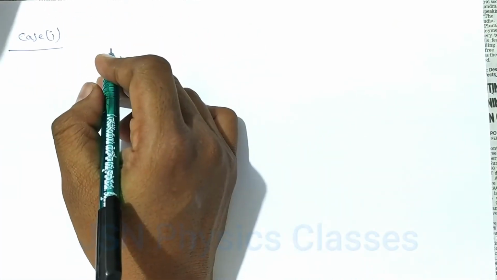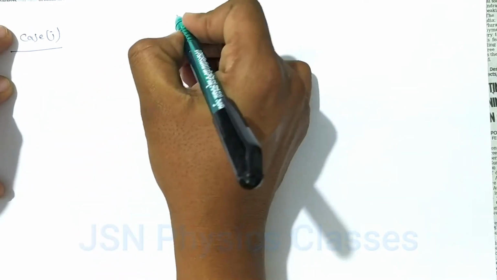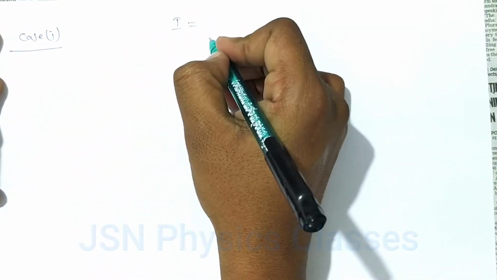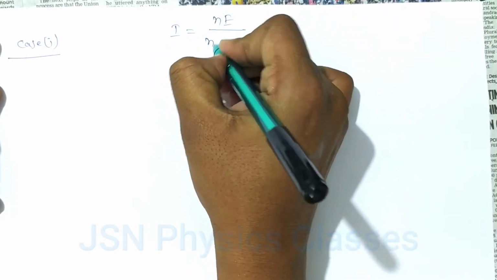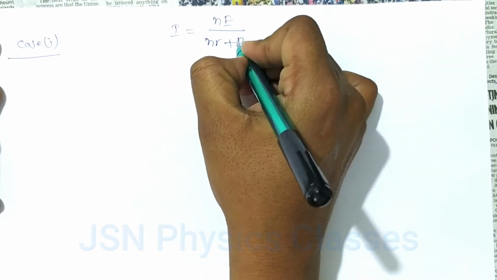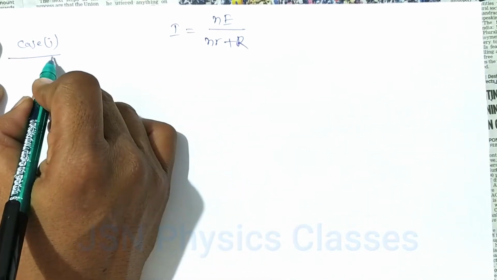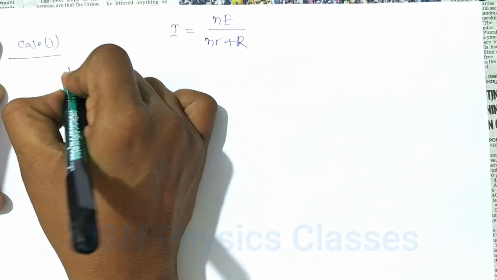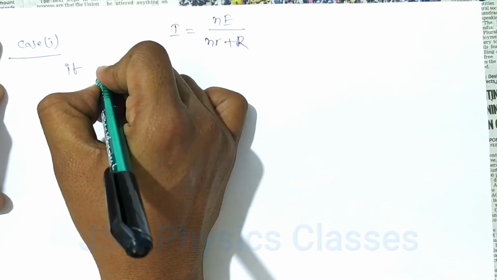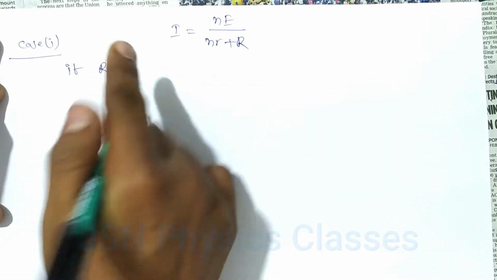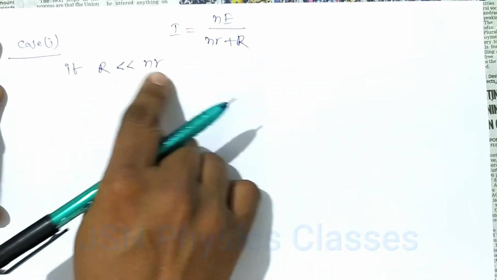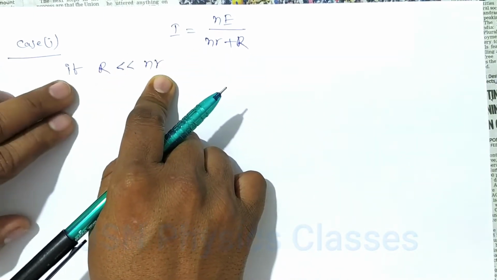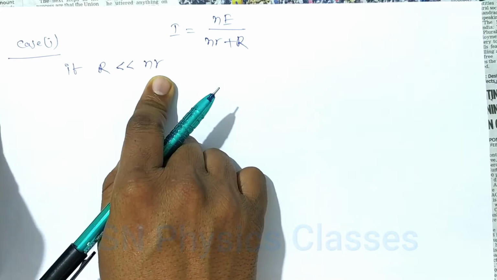So in case 1, we already know the current I is equal to NE by (NR plus capital R). If the external resistor value R is very less than the NR value, what is the current passing through the circuit?